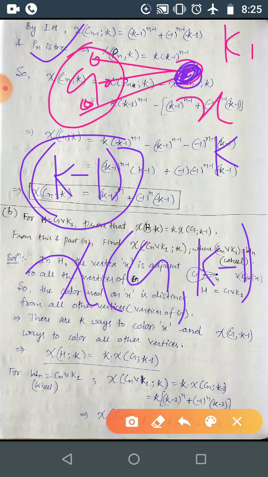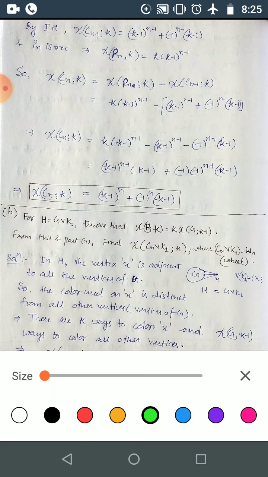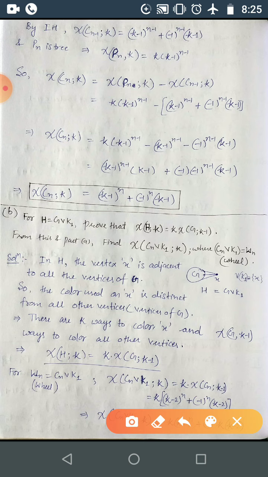So we need to color this vertex as well as all the vertices of G. So we need to take the multiplication of this one. This will be giving you total proper colorings for this join, okay? So here I have just explained whatever I am telling you. So in H, this will be the kind of H.